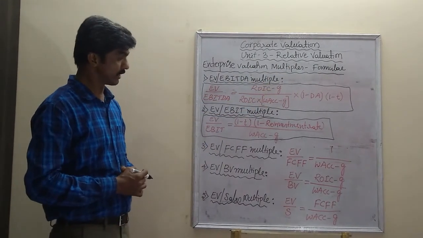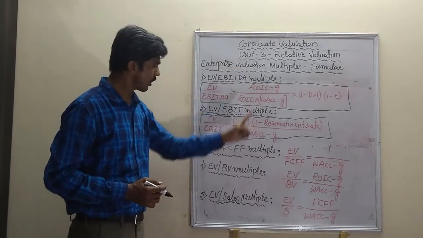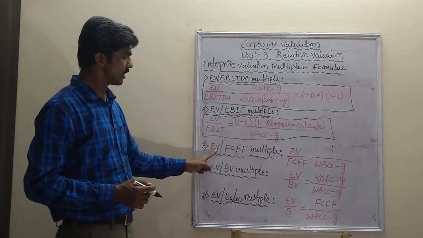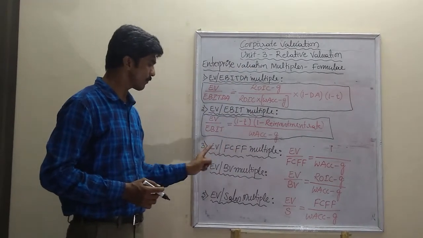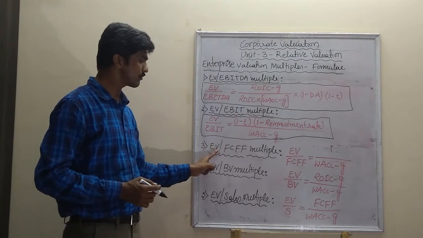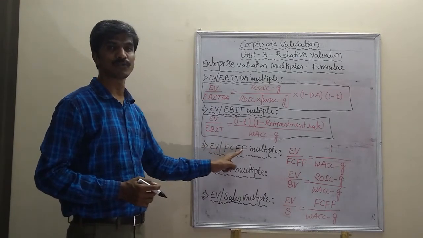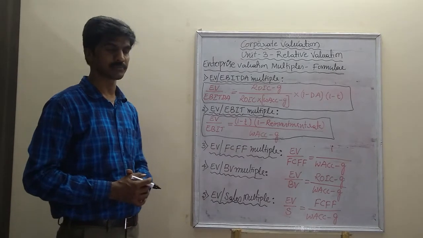Now move on to the next enterprise valuation multiple, that is the EV to FCFF multiple, also known as the enterprise value to free cash flow to the firm multiple.